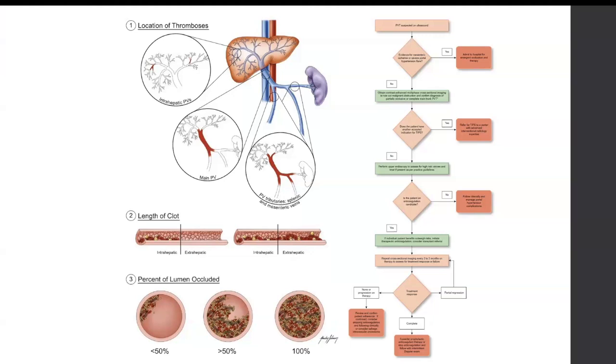Opening an acutely occluded vessel is not that bad. Some challenges, but not that bad. Once it's chronic, you may not be able to offer anything anymore. So if there's complete occlusion of the portal vein or branches, that's when you really want to think, okay, I should intervene here relatively soon, like within a few days.